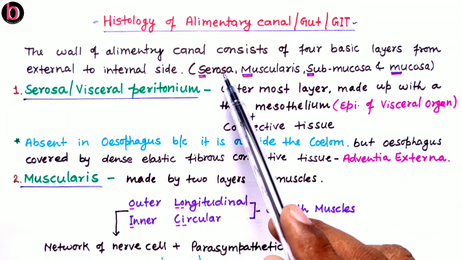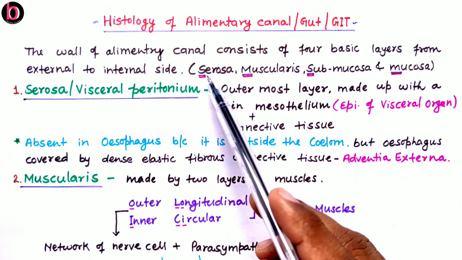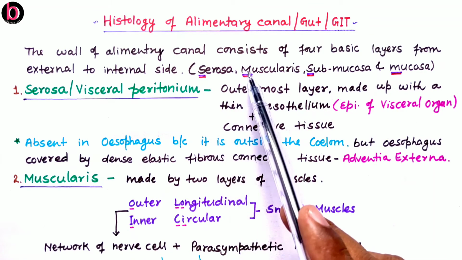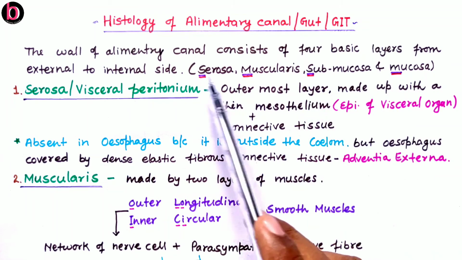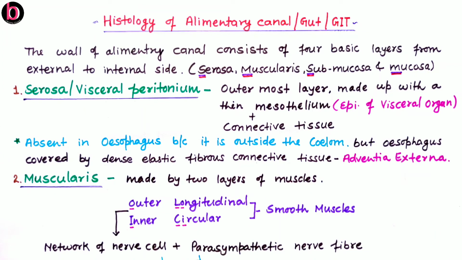Serosa is the outermost one, while mucosa is the innermost one. By this trick you can easily memorize the initials of each: S, M, S, M. They are very important from the exam point of view.